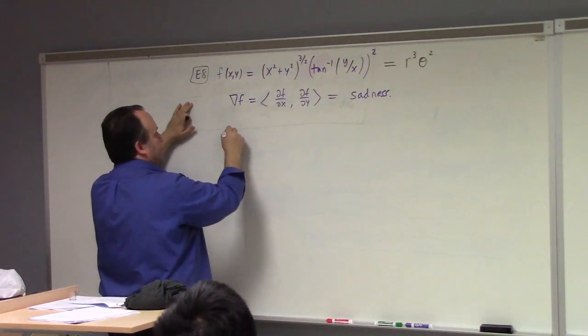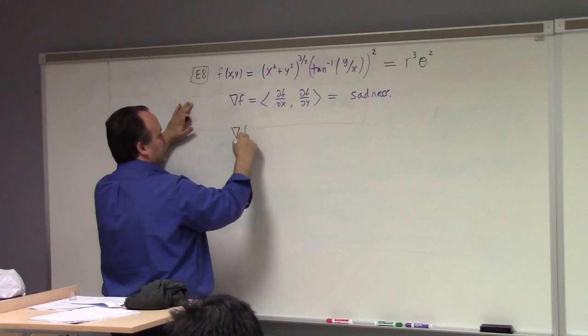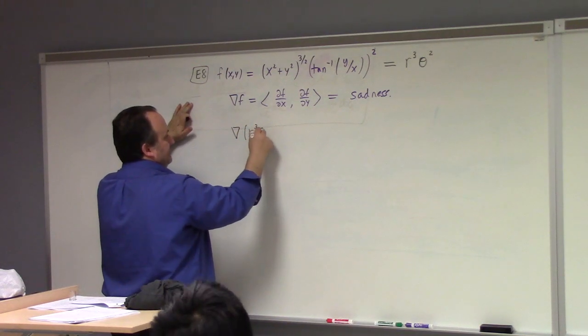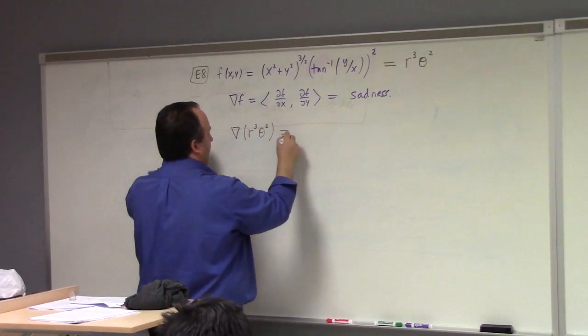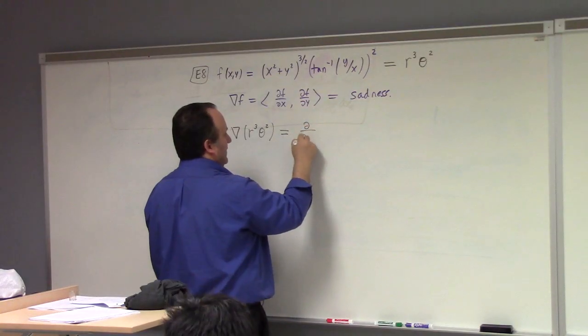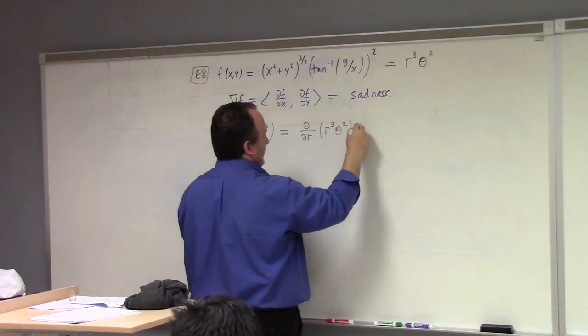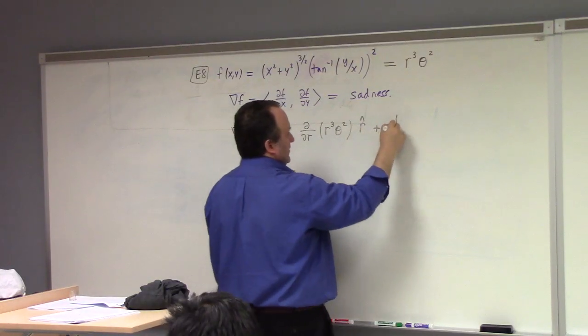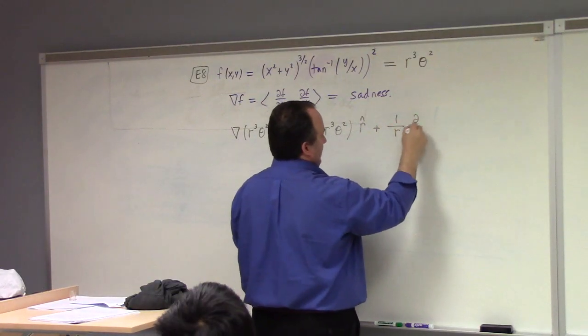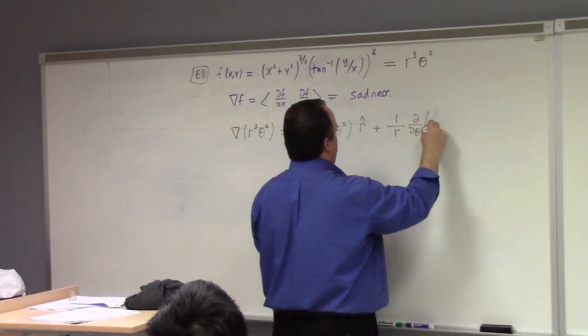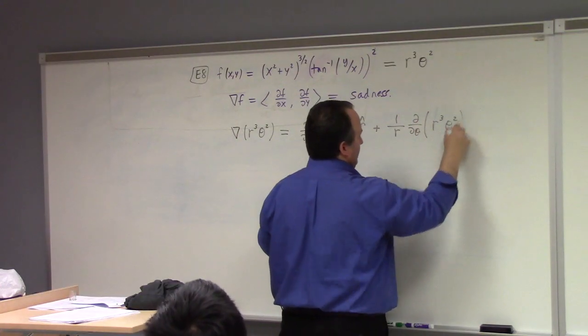And so as I calculate the gradient of this in polar coordinates, I have partial r of r cubed theta squared r hat plus 1 over r partial theta of r cubed theta squared theta hat.